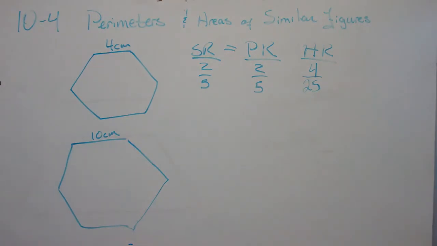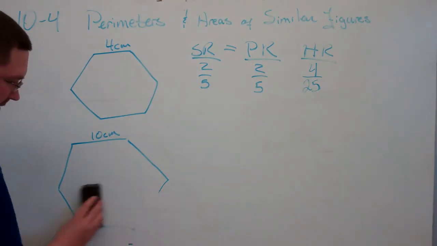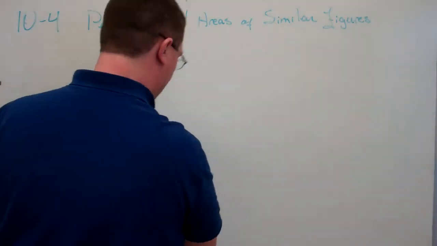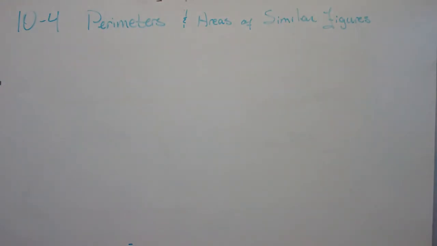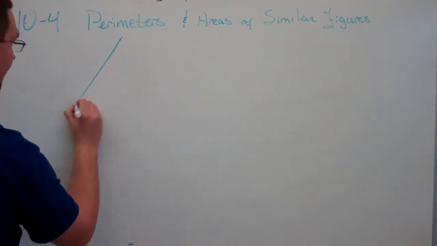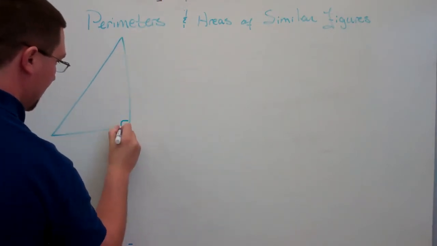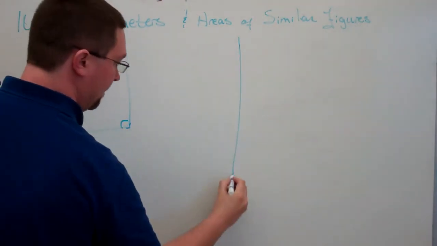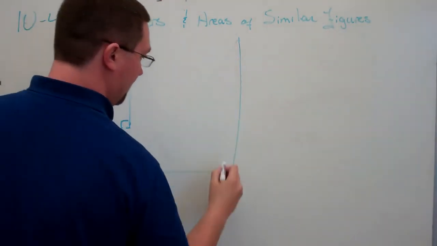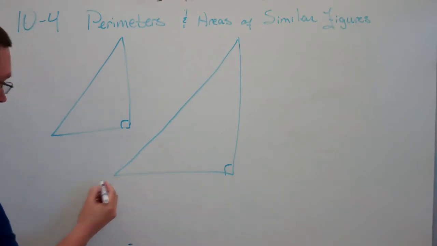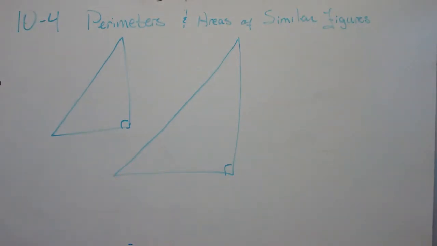Now, let's actually use this to determine some information here. Alright, so we have two triangles.